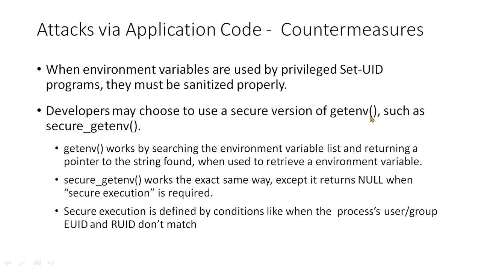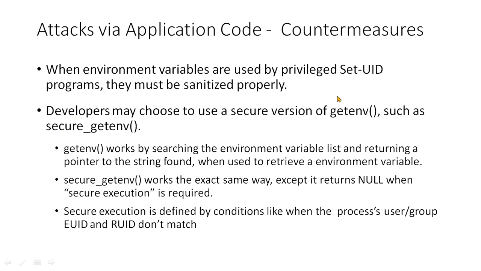Instead of using getenv, we can use another safer version on Unix or Linux, secure_getenv. When we use secure_getenv, then we get the value of the environment variable we want if it is not a setuid program.